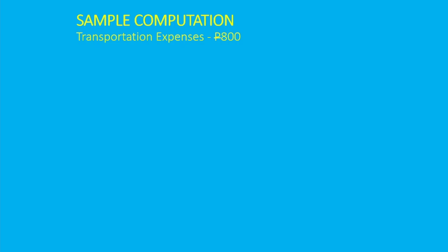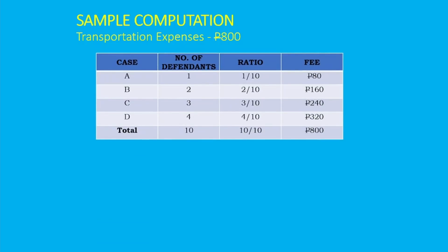The sample computation. Let's assume that the total transportation expense incurred is 800 pesos. The 800 pesos involves 4 cases. For case A, there is 1 defendant. For case B, there are 2 defendants. For C, 3 defendants. For D, 4 defendants. So in total, there are 10 defendants.